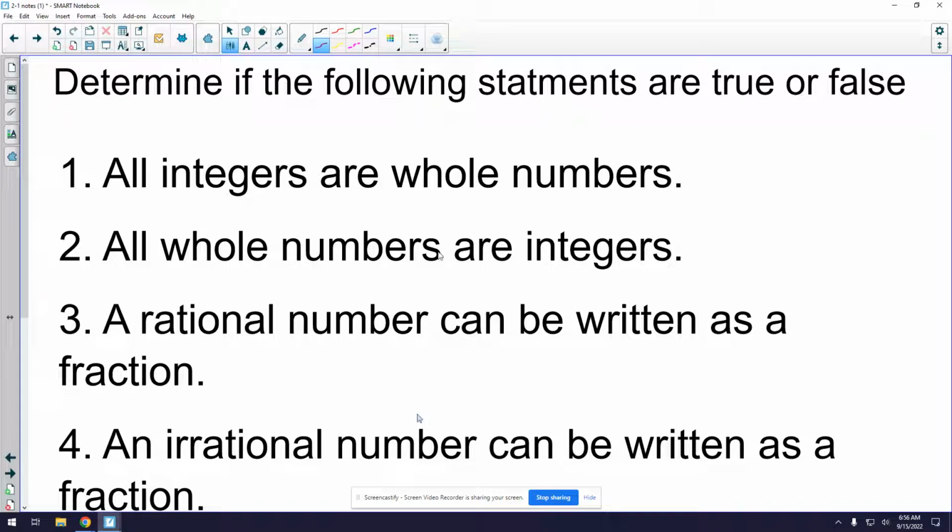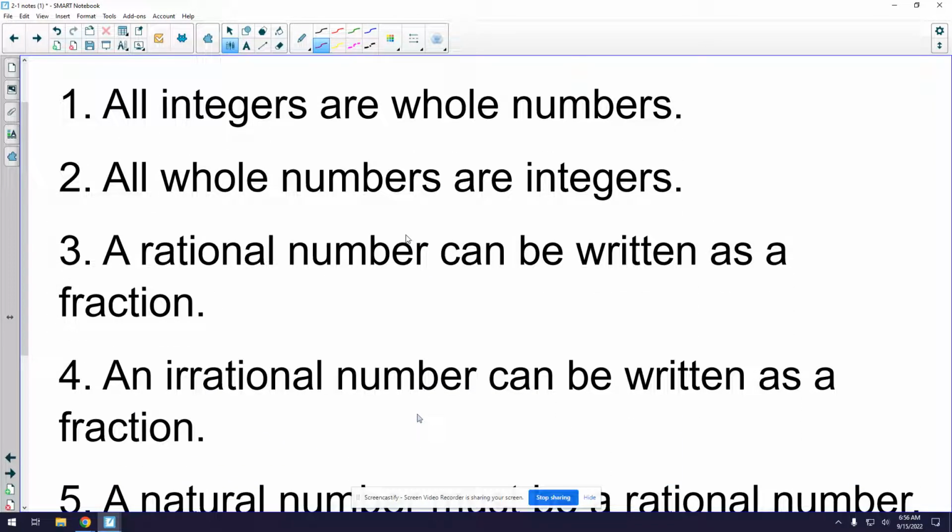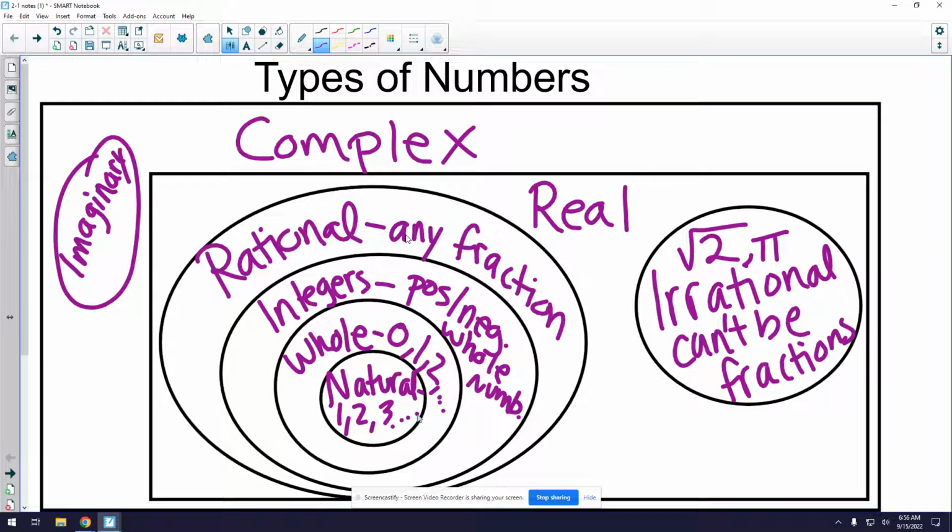So determine if the following statements are true or false. All integers are whole numbers. Go back to your diagram. Looking at your integers, if we're in the integer column or circle, are all of those going to be whole numbers also?